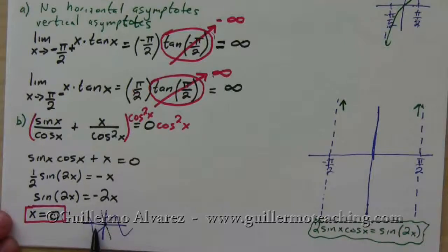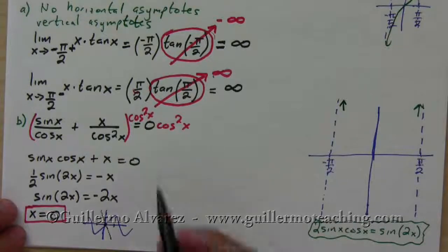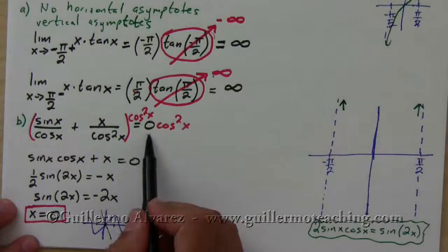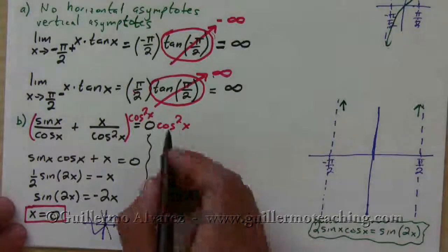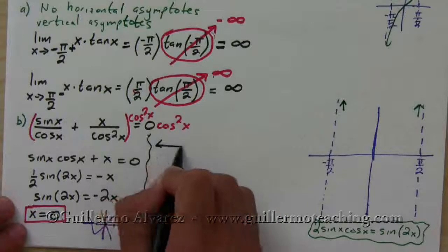Here's negative pi over 2 and here's pi over 2, so the only place where those two intersect is right here, exactly at 0. Okay, so this is my critical point, 0, and that's the only one I have. So then once I have that, I can do my number line.